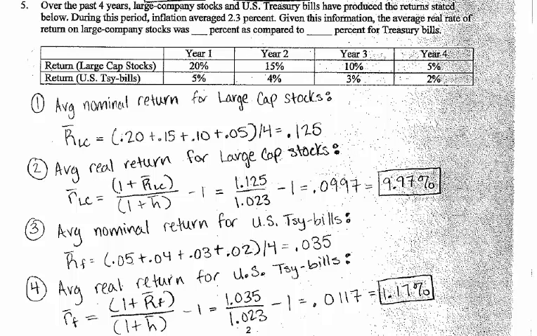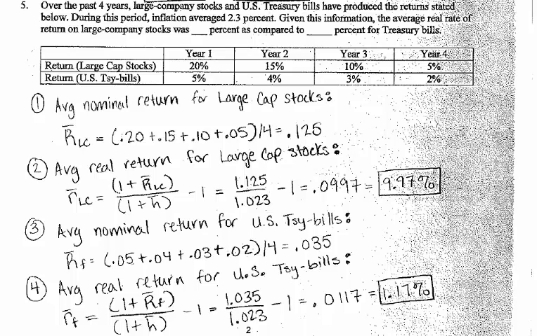So if you're confused, go back and look at your test guide from exam 3 and look at the one Fisher equation problem, and you'll see where this equation came from. What we're going to do is basically subtract off inflation, and we can do that real simple and get an approximate answer.